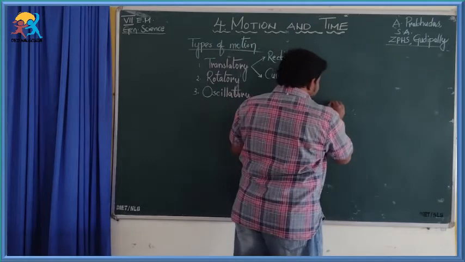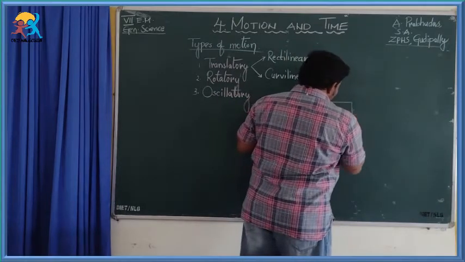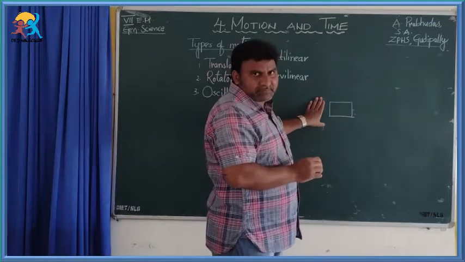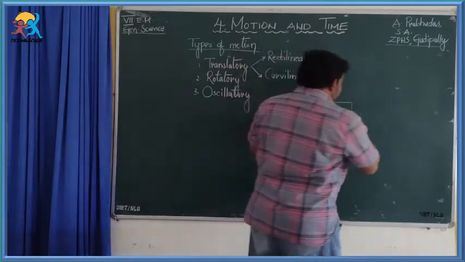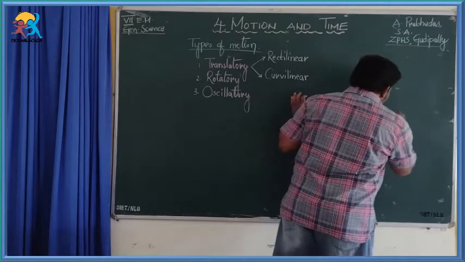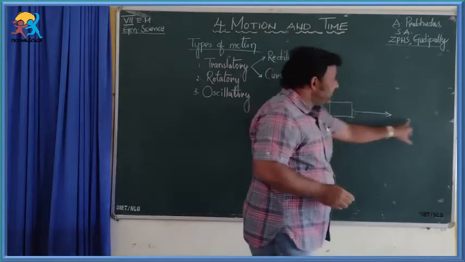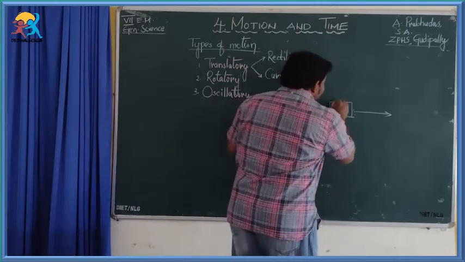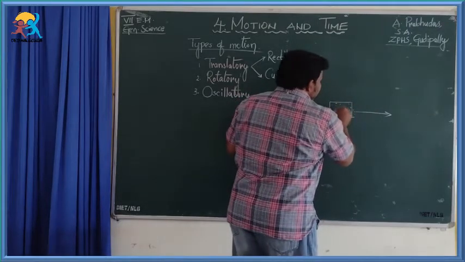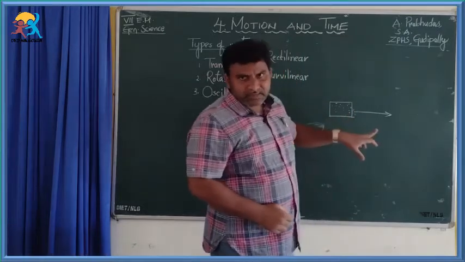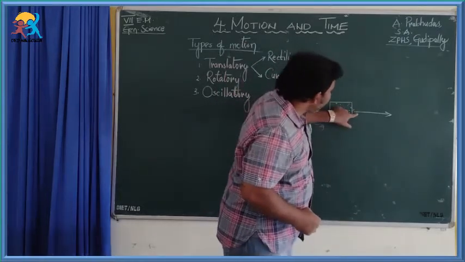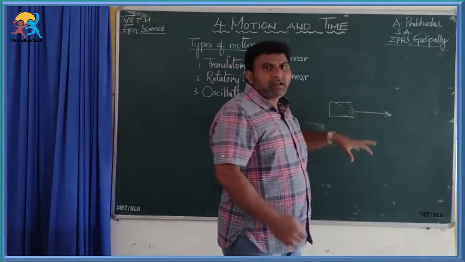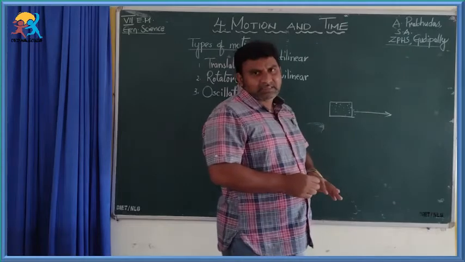For example, take this object and let us assume that the object is moving in this direction. So, what happens? All the particles present in this body move along the direction of motion. All the particles or all the parts.